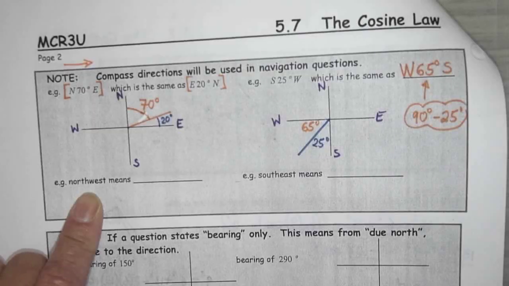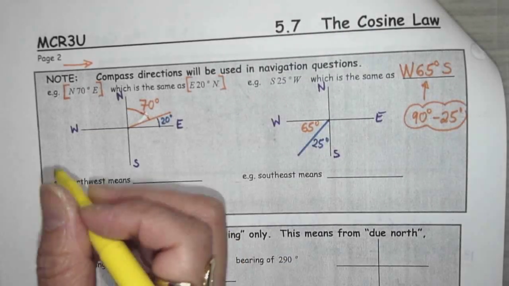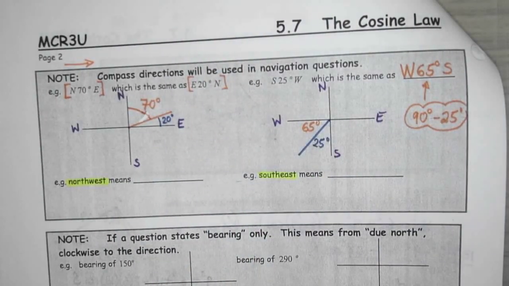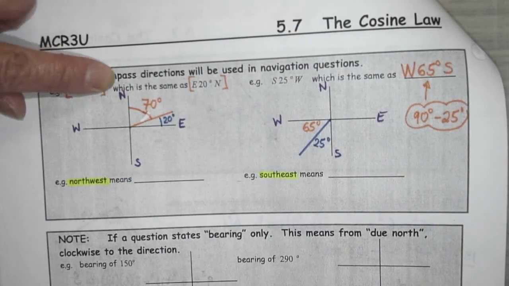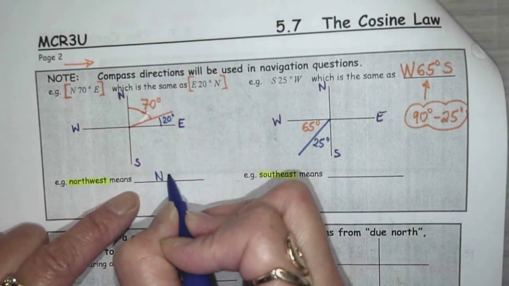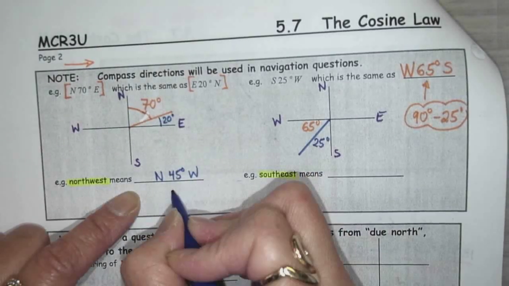And you go, wait, but you didn't tell me how much to turn. If I tell you northwest with no turning, or southeast, or any combination where I just put the two together. I can't say north-south, though. That doesn't make sense. If I was heading north-south, that makes no sense, right? So you can't be opposites. But between north and west, if I don't give you the angle it turns, it means it's north 45, exactly halfway.